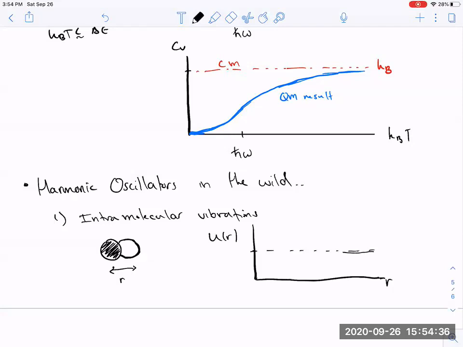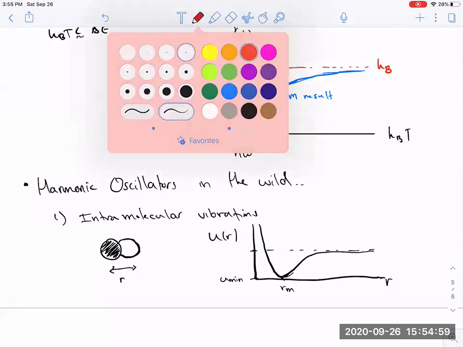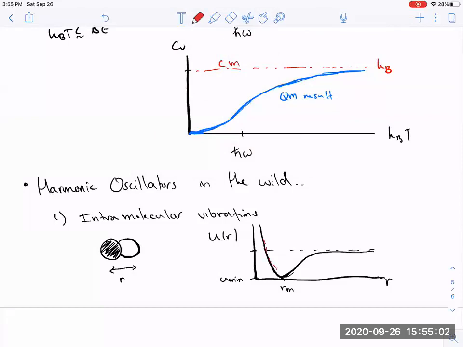asymptotically the bond can break. Pauli exclusion says that it's going to be hard to overlap those particles. So a typical bond dissociation curve might look something like this, having some minimum energy and some typical bond distance. Now that is not very harmonic, but locally it is.